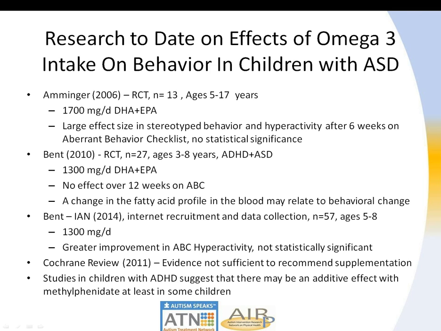And going back to 2006, there was a randomized controlled trial published in a small number of children with autism looking at high-dose DHA plus EPA, the fish-based, algal-based omega-3 fatty acids, on behavior.